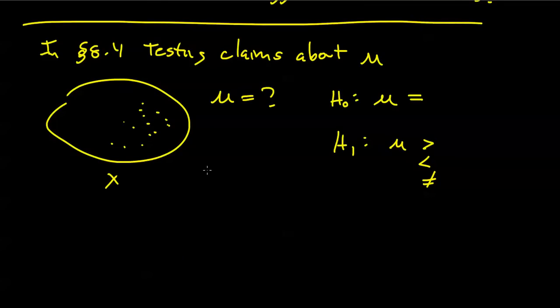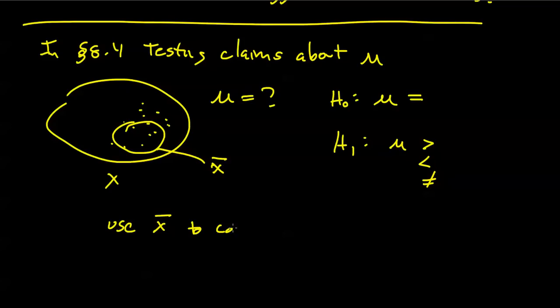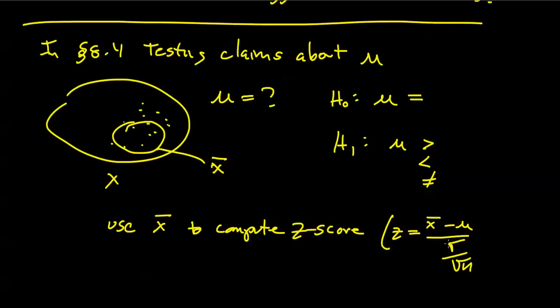So just like we used p hat to test claims about p, we will similarly grab a sample and compute a sample mean. We will use our sample mean to compute a z-score, and the calculator, of course, does this upstream according to the z-score formula: z equals x bar minus mu over sigma over the square root of n, a formula for z-score that will hopefully look familiar to you.